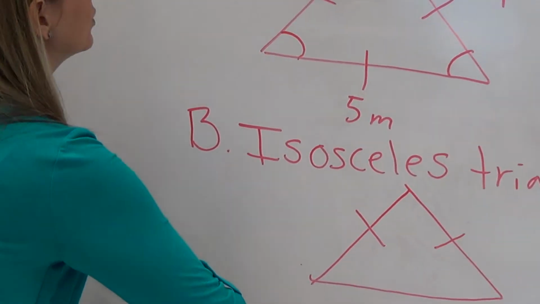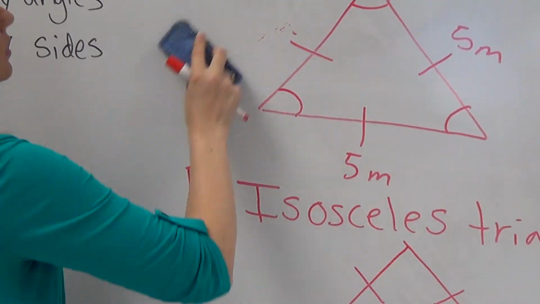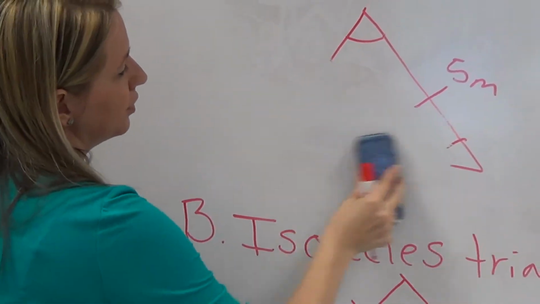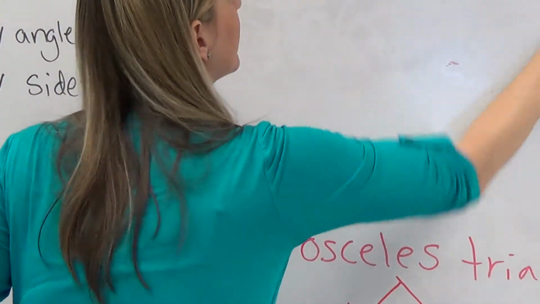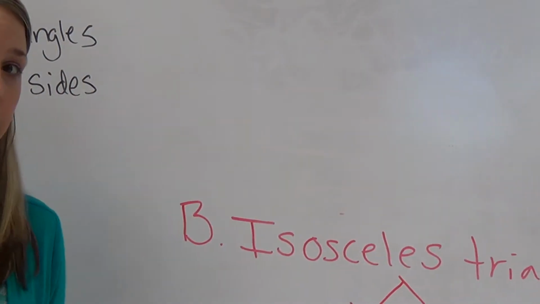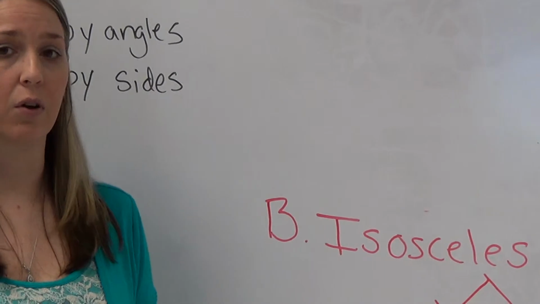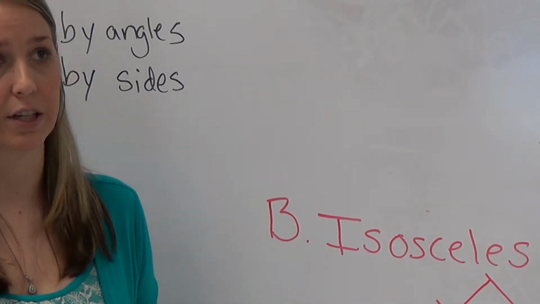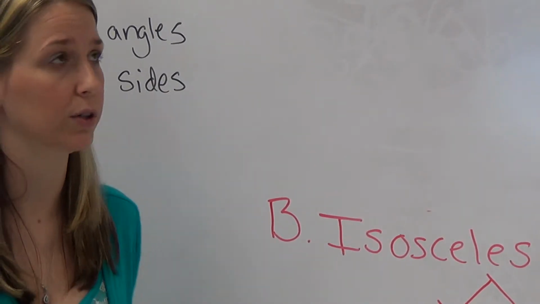And then our last one for that is called a scalene triangle. As you can imagine, if equilateral has all three congruent sides and isosceles has only two congruent sides, scalene you might think has only one congruent side. Well, in a sense that's true, but basically it means it has no congruent sides.